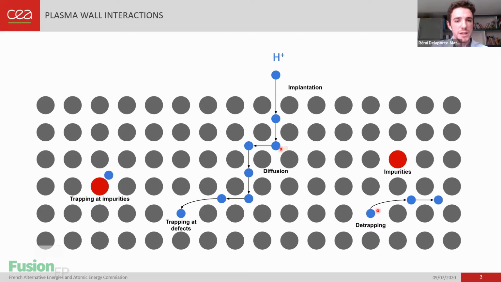If their temperature is high enough, they can detrap from these defects and diffuse again. If their temperature is high enough, they can detrap and go back to the surface. If they meet another hydrogen atom, they will recombine into their molecular form and go back into the plasma. So this causes plasma performance reduction because this would lead to plasma cooling. So we don't want that.